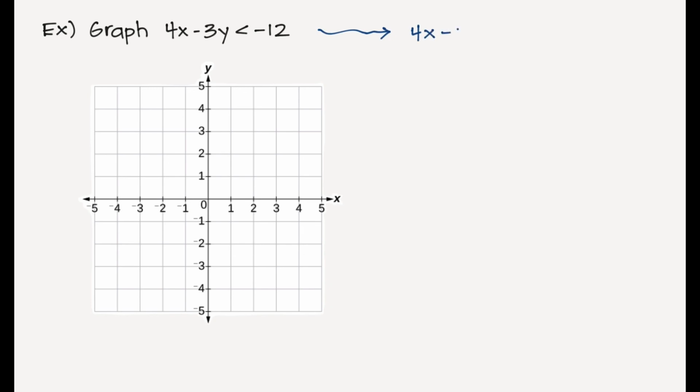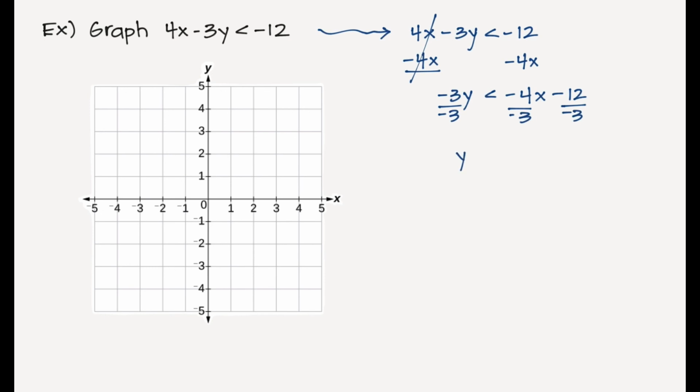So let's go ahead and rewrite our equation first. So we're going to subtract 4x on both sides. I'm left with negative 3y is less than negative 4x minus 12. Divide everything by negative 3, and that gives me y, and I have 4/3 x plus 4.